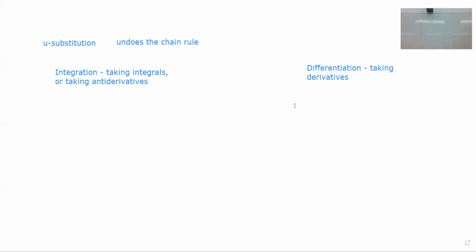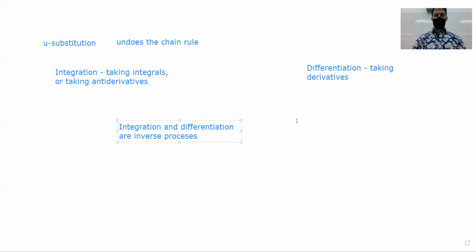And that anti-derivative thing is kind of telling. What does that mean about these two procedures? How are they connected? They're inverse, right? So integration and differentiation are inverse processes.